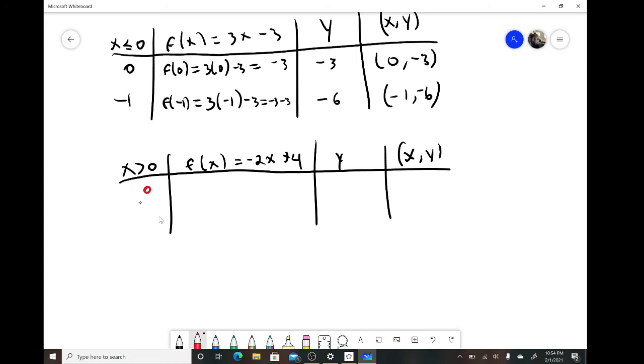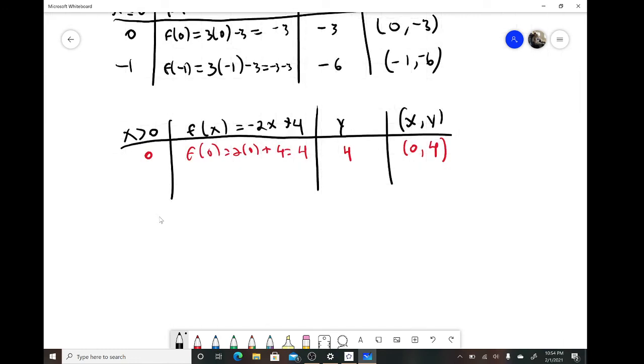This is not part of the domain. This function is only for numbers bigger than 0. But I'm actually going to check for what it is when it is 0. So we have f of 0 equals 2 times 0 plus 4. 2 times 0 is 0, plus 4 is 4. So if I were to include this in the domain, then we'll have the point 0, 4. But this is again not in the domain, that's why I did it in red.